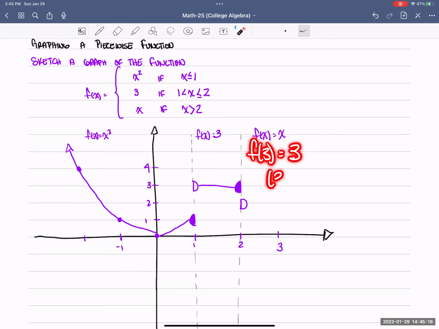That gives us a point 3 comma 3. Just for laughs and giggles, let's try 4. f of 4 is equal to 4. That gives us a point 4 comma 4. So x is 4, y is 4, going to be right there. And that goes on forever because we don't have a boundary for that one on the right side.